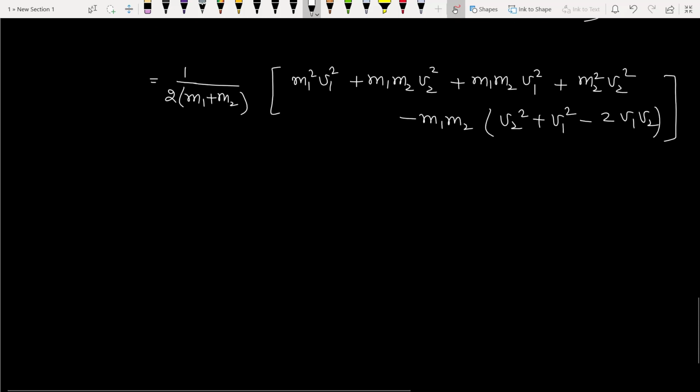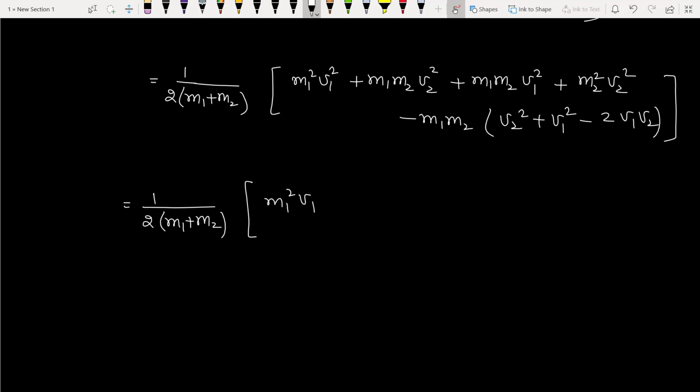The 1 by m1 plus m2 we have already taken common.